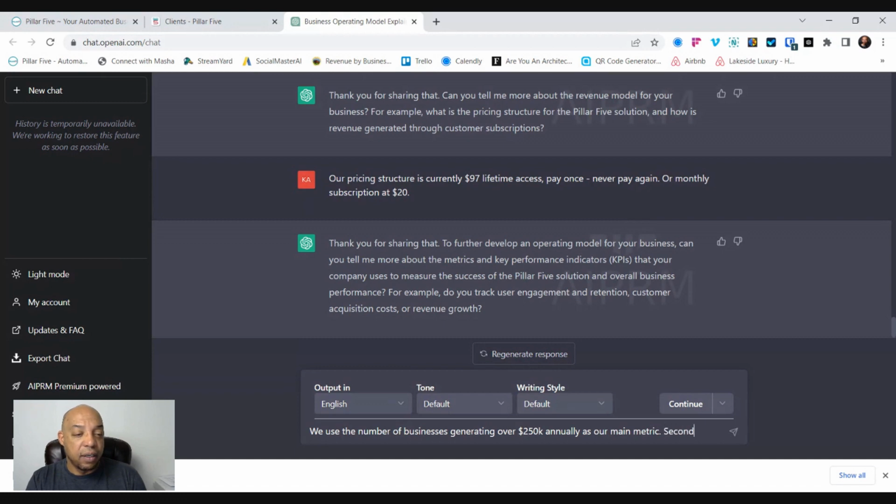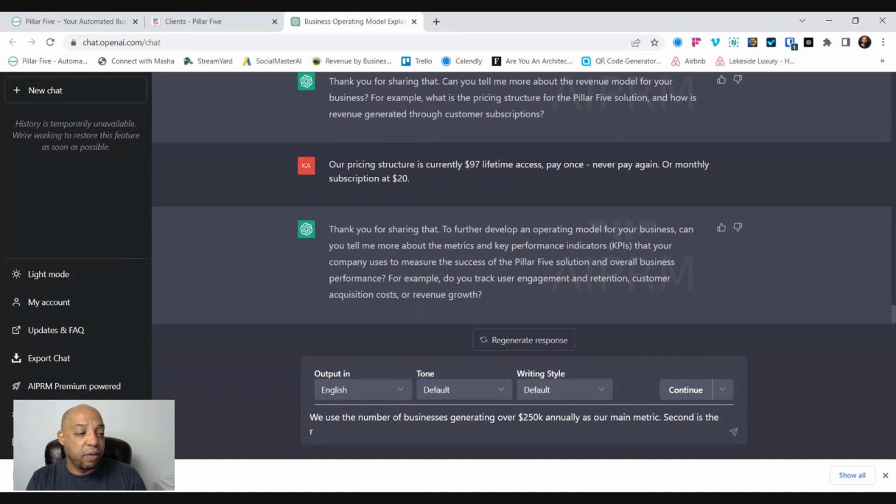Second is the reduction in the U.S. business death rate. We also measure how many users are active in our system.